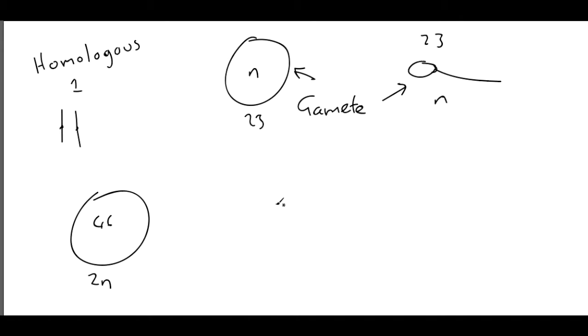Two gametes come together and they make a full cell with all the information. These cells that have one set of information are known as haploid. Haploid cells. So sperm is a haploid cell and an egg is a haploid cell. When two haploid cells come together, they make one like this, which is diploid.